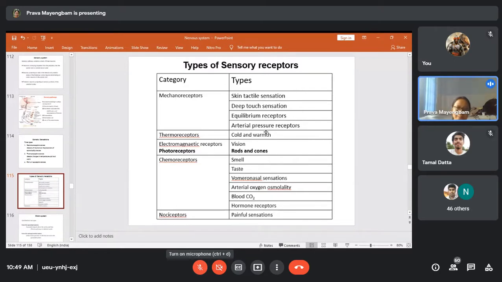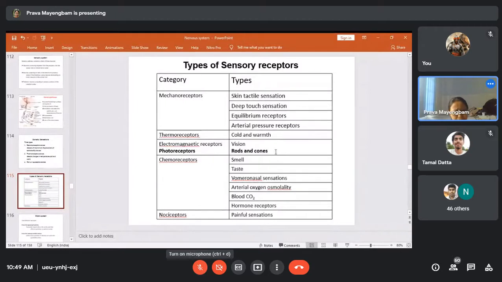So they all come under mechanoreceptors. Thermoreceptors are the receptors to sense cold and warm. Electromagnetic receptors, the example is vision: the photoreceptors like rods and cones present in the eye, in the retina.